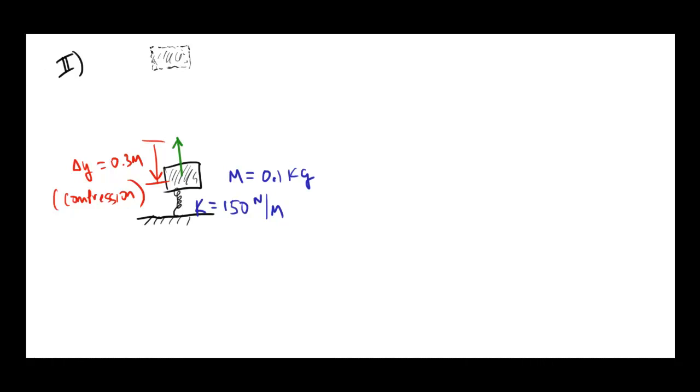So, maybe here's the block, maybe right here. Here's the box when I'm imagining that this is when the box is no longer in contact with the spring. So what we could say is initially at this point right here, it is all elastic potential energy.